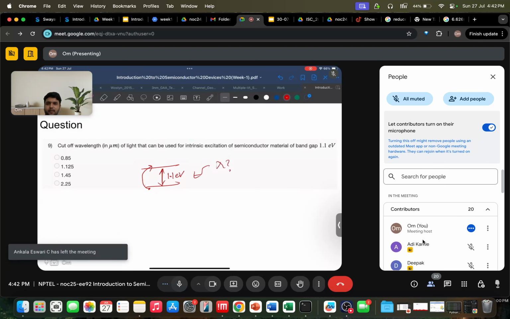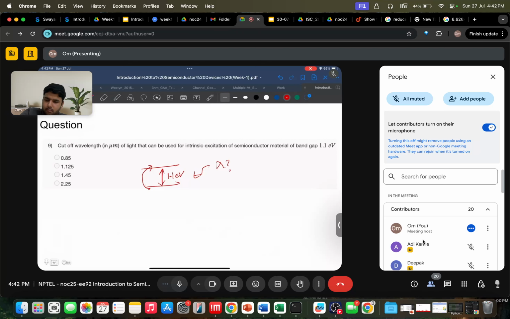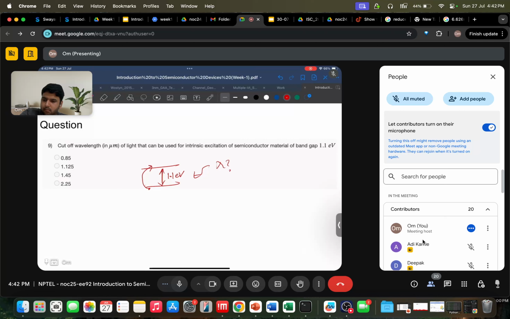It should be the lambda. Okay. B is correct.